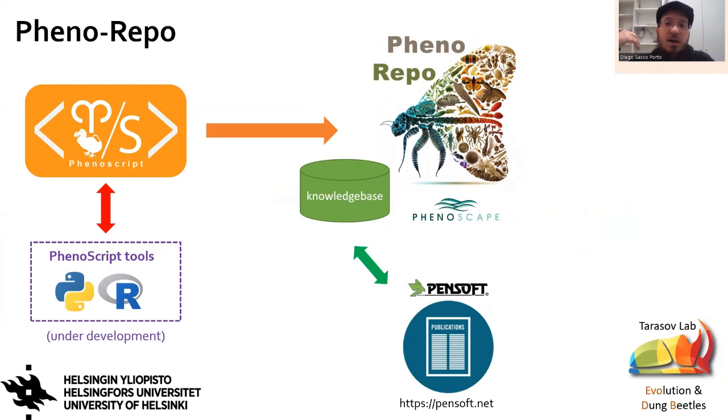So this is another tool or resource that we developed called PhenoRepo, a repository developed in collaboration with other researchers that allows you to submit your semantic species descriptions to this repository. So we envision that in the future you can download data from this repository, but also submit directly to some journals that allow this type of metadata, for example, from Pensoft.